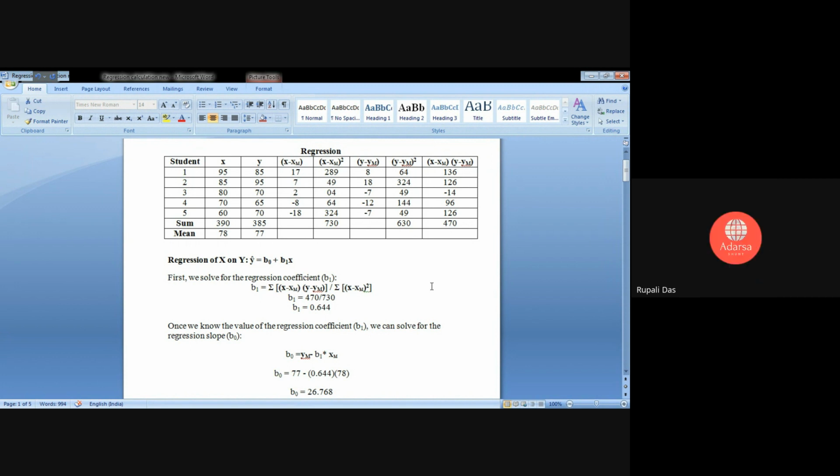The following are marks in mathematics and science of 5 students as X and Y. You should write X and Y.